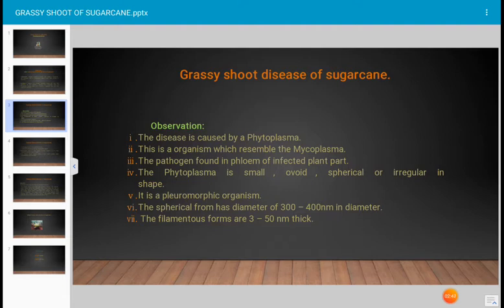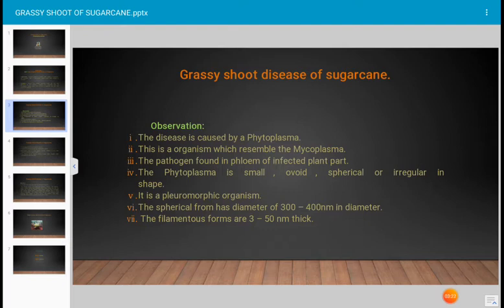The phytoplasma which causes grassy shoot disease is a pleomorphic organism. Pleomorphic means it can change its shape several times because the cell wall is not rigid. The spherical form has a diameter of 300 to 400 nm, and the filamentous forms are usually 3 to 50 nm thick. These are the characteristics of the pathogenic organism.